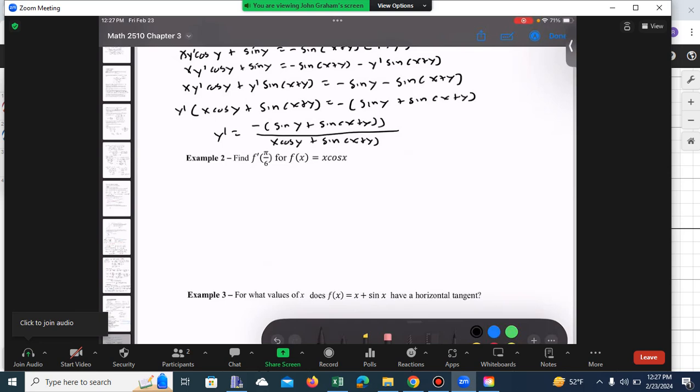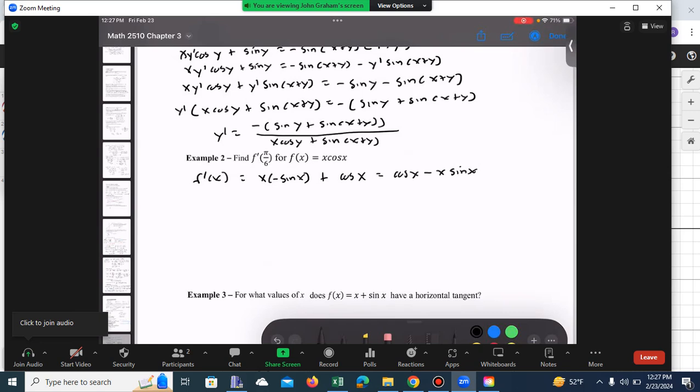So we have to do the derivative first. That's going to require the product rule. So x times the negative sine of x, that's the derivative of cosine, plus derivative of x is 1, cosine of x. Okay, so this becomes cosine x minus x sine of x.